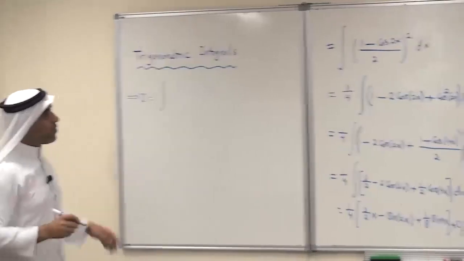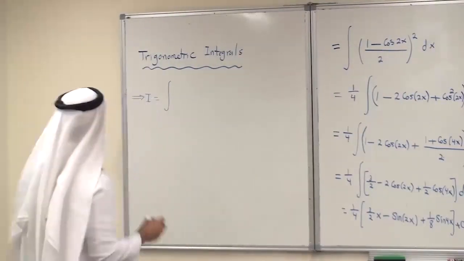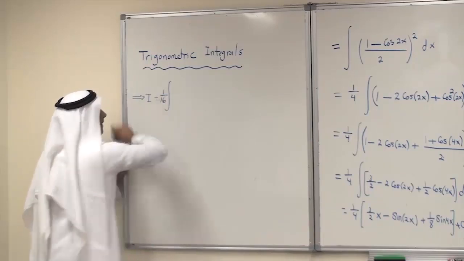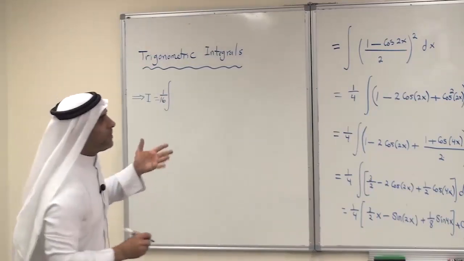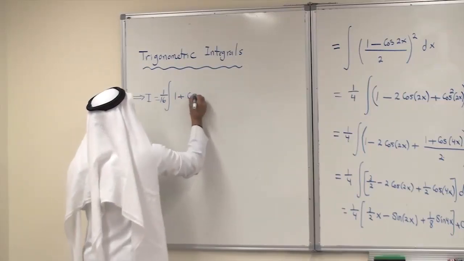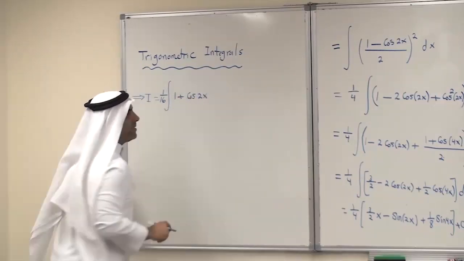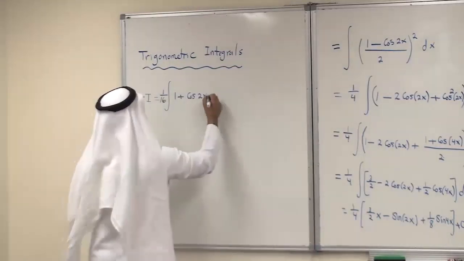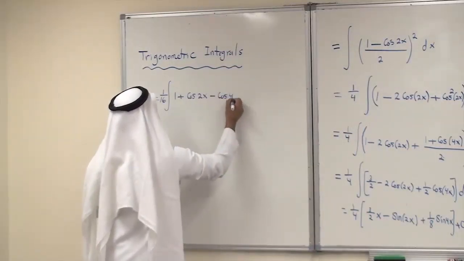We don't forget the constant outside, that is 1/16. So I will write here 1 over 16. Then I have 1 plus what? Cosine of 2x, right? This is the second term. And minus cosine 4x, we have minus cosine of 4x.